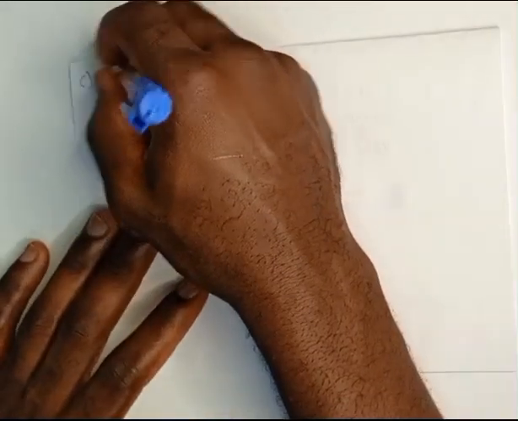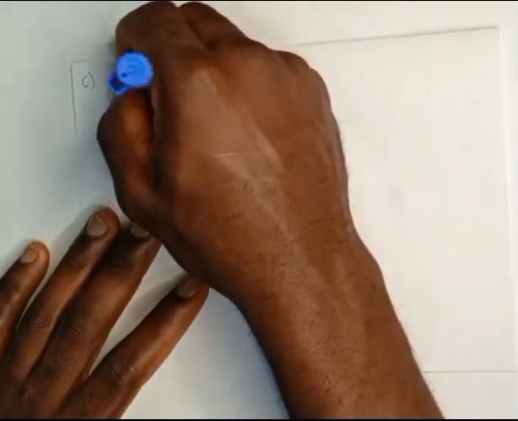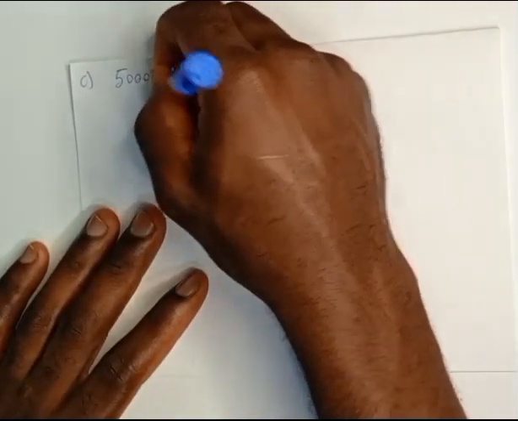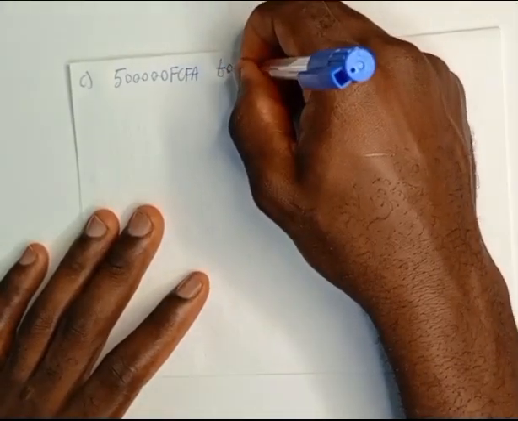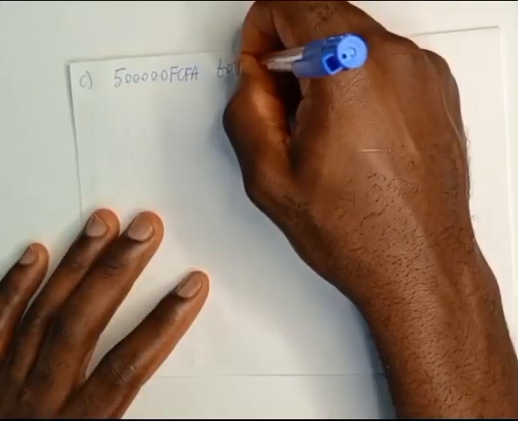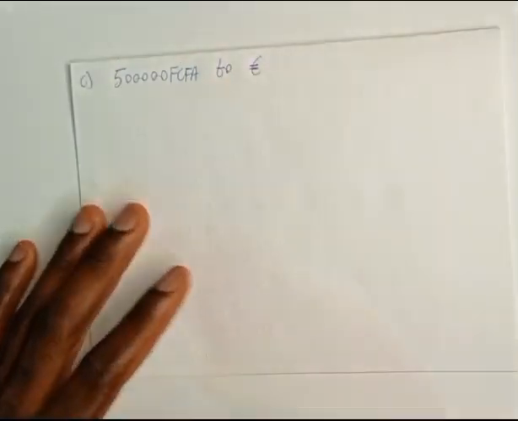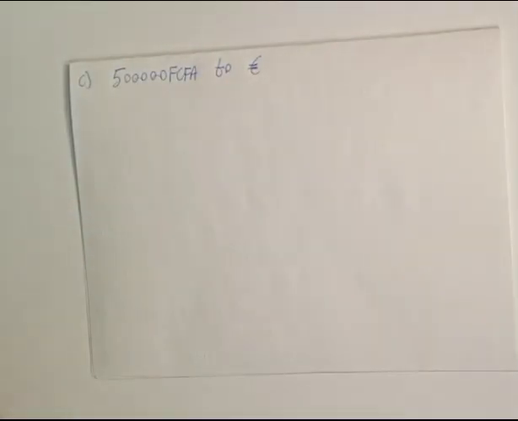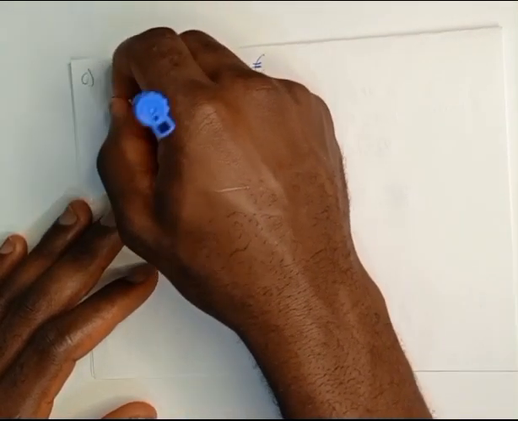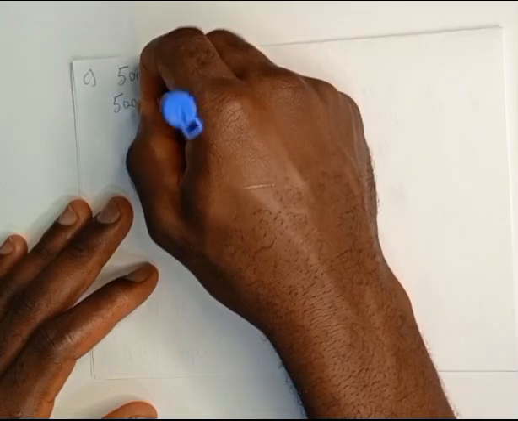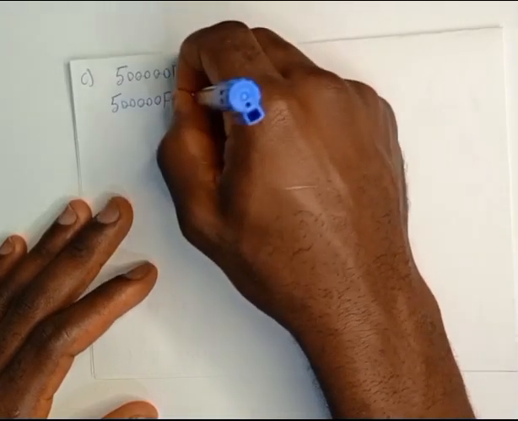Question C, we have to convert 500,000 francs CFA to euros. You see, we are converting from a low currency to a very high currency. First, we need to start by converting the 500,000 francs CFA to dollars.